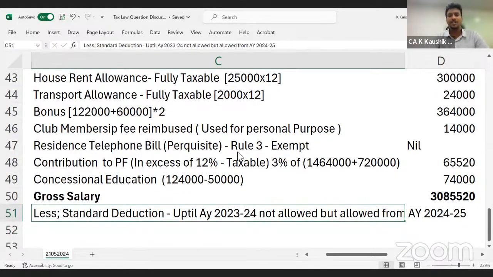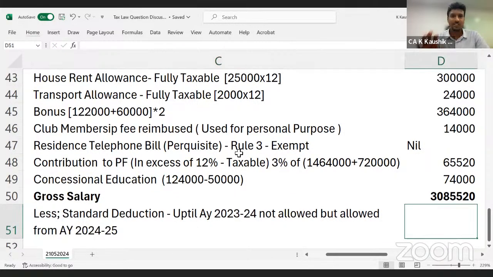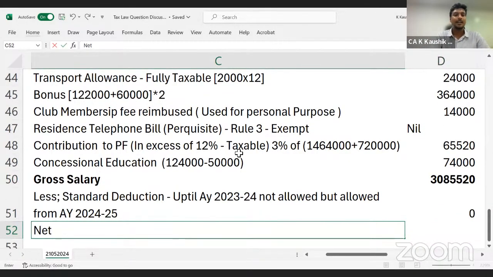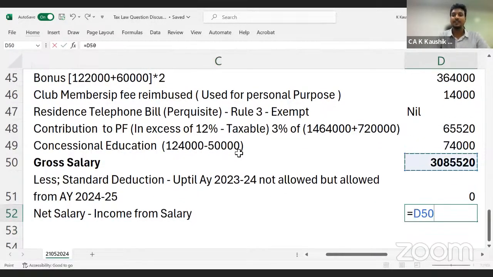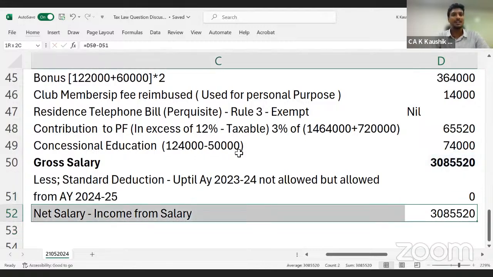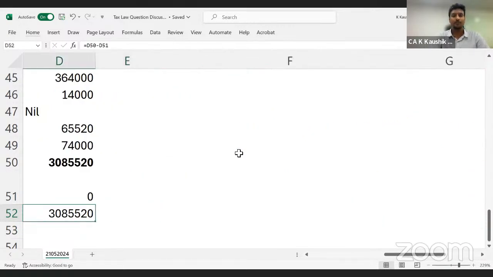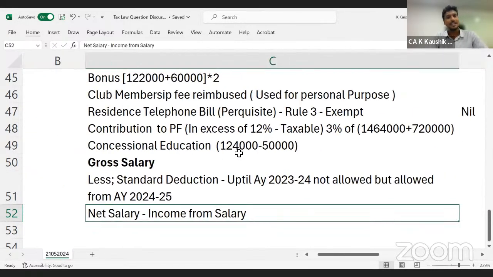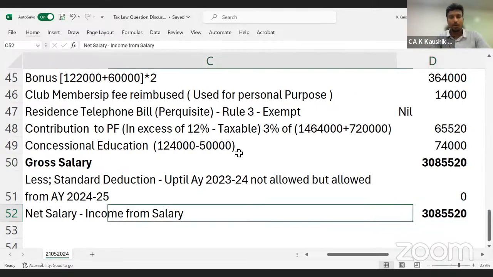Now, in any question that you get in this attempt, 50,000 is allowed. Since we are solving this question from the perspective of assessment year 23-24, I am taking the net salary or income from salary as 30,85,520. Otherwise, this would have become 30,35,520. So hereby we complete the second sub-question also, the computation of income from salary.